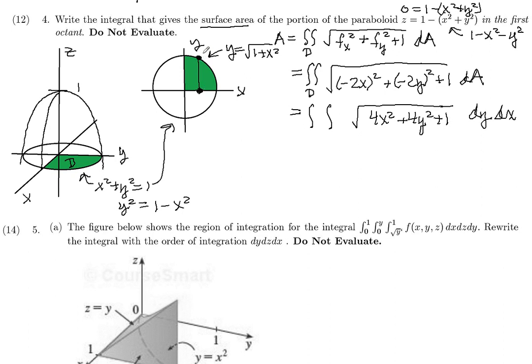Lower limit is 0, upper limit is, oh, that's supposed to be a minus. I said minus and wrote plus, because I've got minus down here. Take square roots on both sides. So lower limit is 0, upper limit is root 1 minus x squared, and that's y equals 0 to y equals root 1 minus x squared.